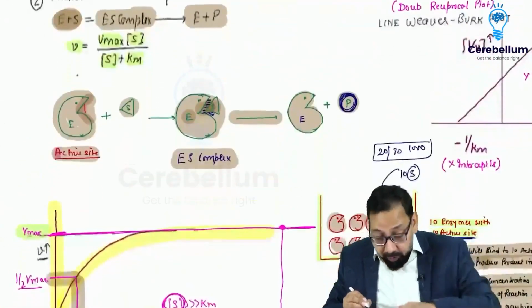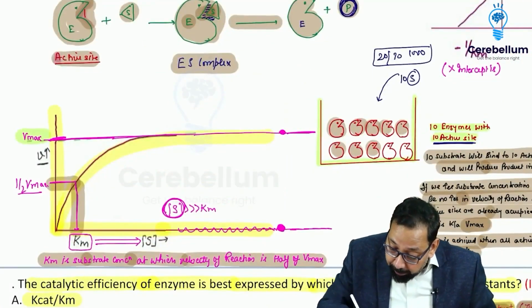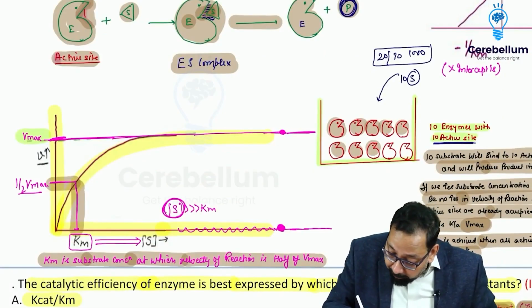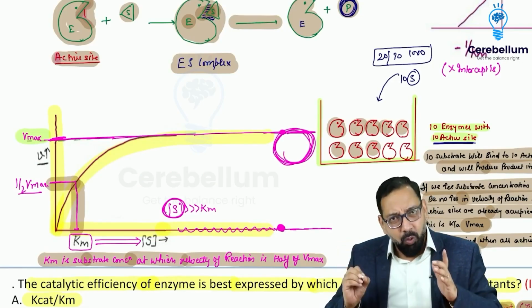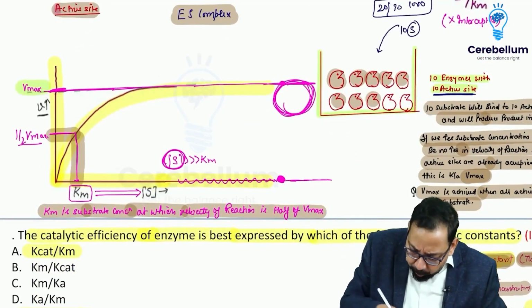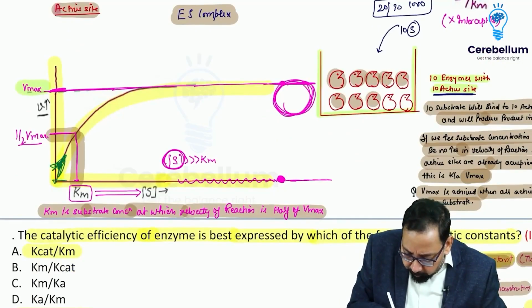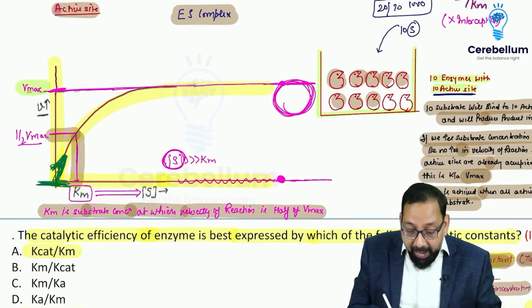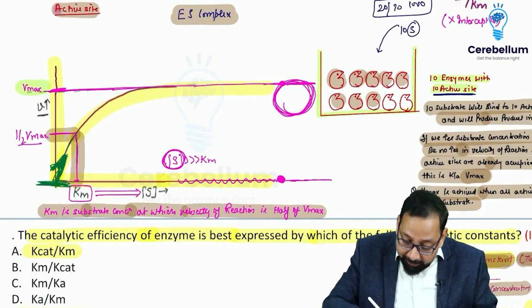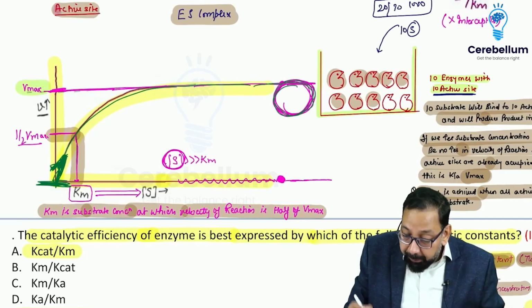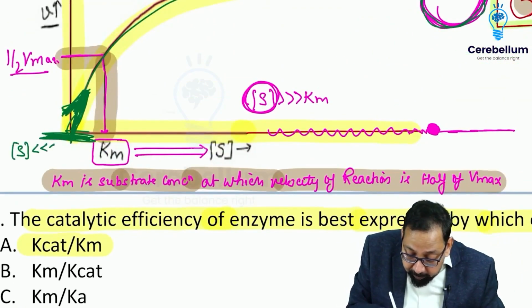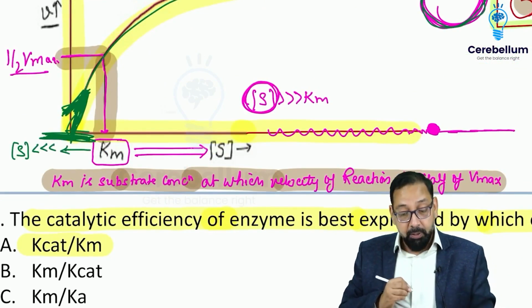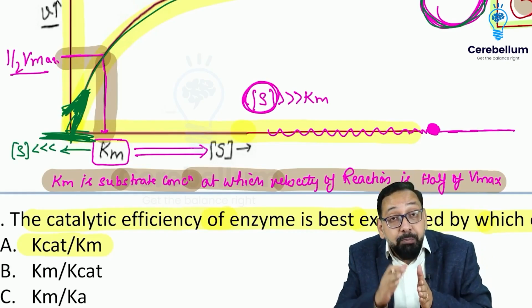How will you make a mnemonic? On this graph, I put 0 at this point, and 1 at this point. Means if substrate concentration is very, very small in comparison to Km, then the order of reaction will be first order.